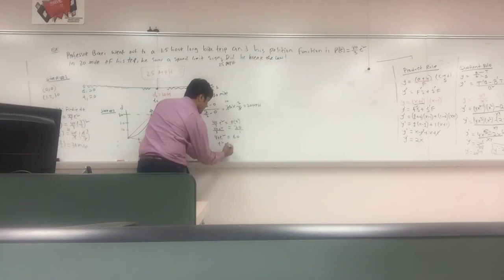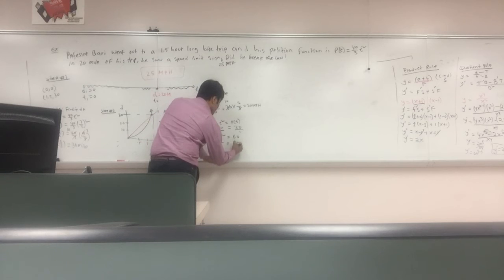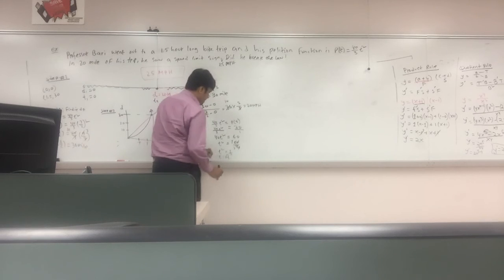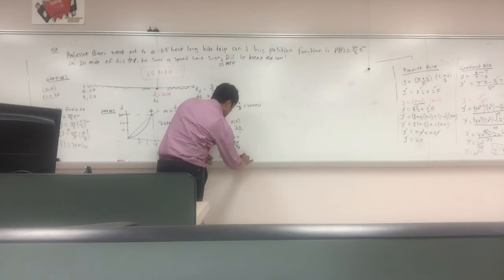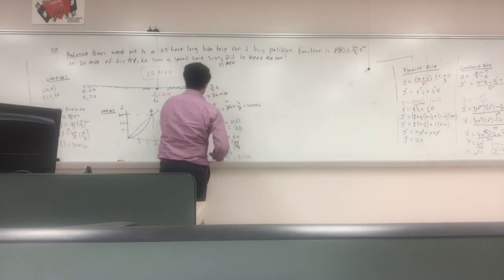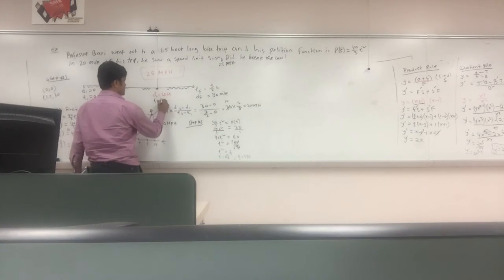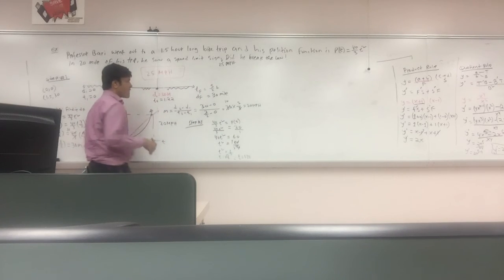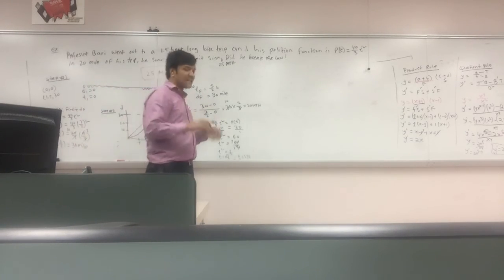So t squared is 60 over 40, the 0s cancel, so 6 over 4, which is 3 over 2. So t is the square root of 3 over 2, which is 1.22. So we're going to write T2 is 1.22.